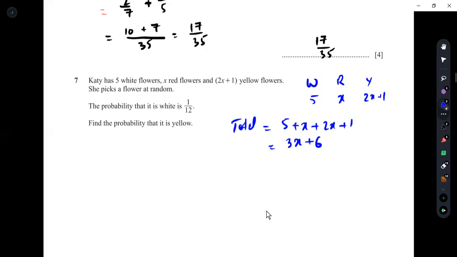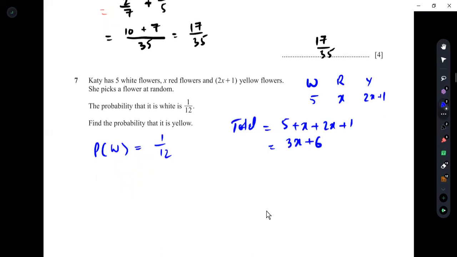It is given that the probability of white is 1/12. So what is the way of finding the probability of white? We have to see, when she is picking up one flower, how many whites there are. So there are 5 white and the total number of flowers is 3x plus 6.